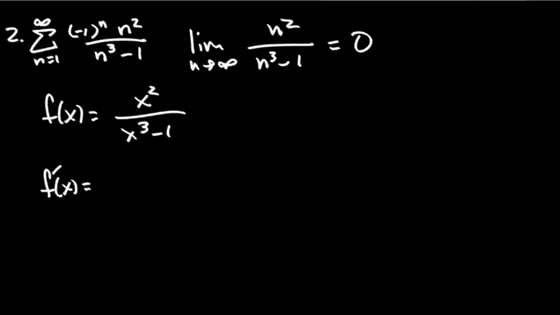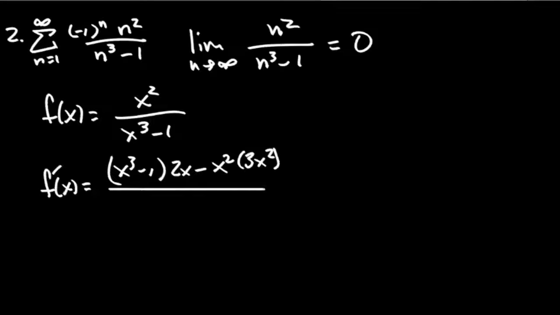Alright, f prime is going to be bottom times the derivative of the top minus top times the derivative of the bottom, all divided by the bottom squared. Okay, let's see.